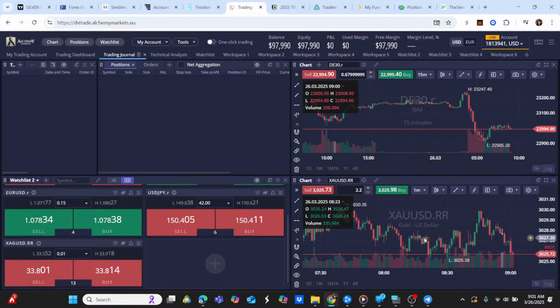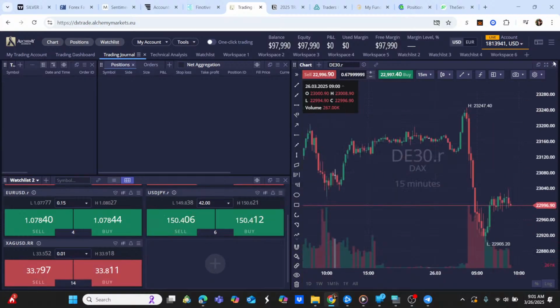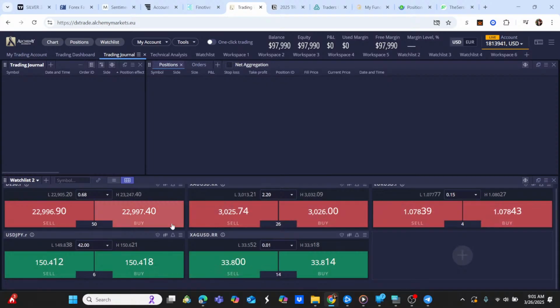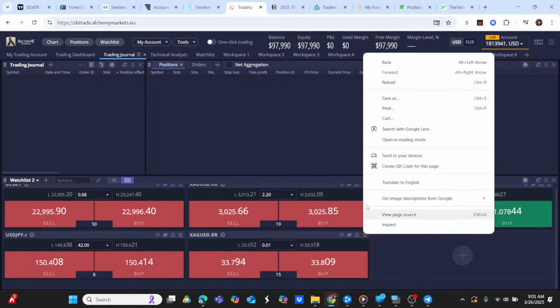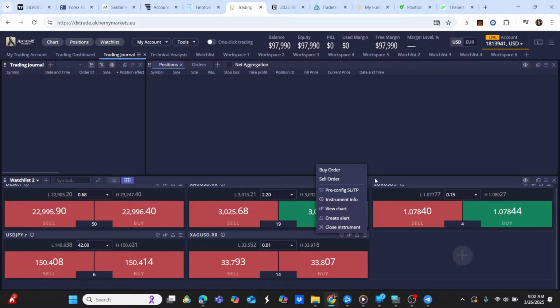I wonder, do I have the same pricing for silver? Clicking the wrong button.